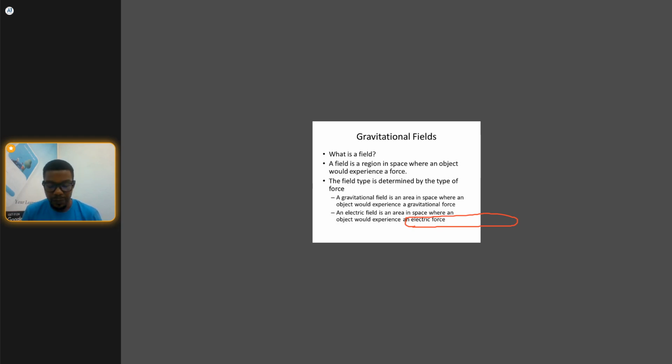Okay, so let's proceed to the law of gravitational force, also known as the law of universal gravity or universal gravitational force. That law was propagated by Isaac Newton. That was the man I showed you in the first image. So it was named after him.